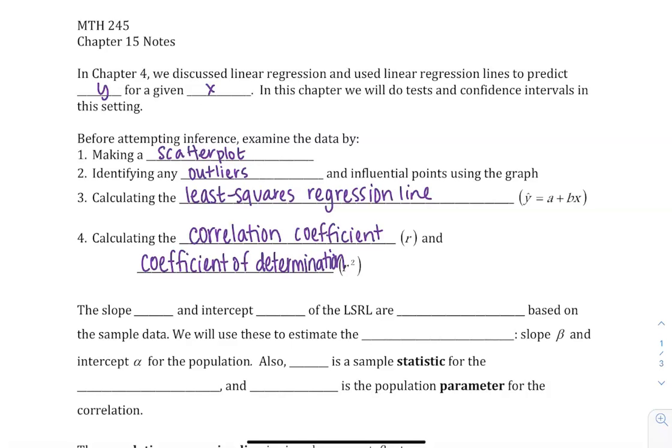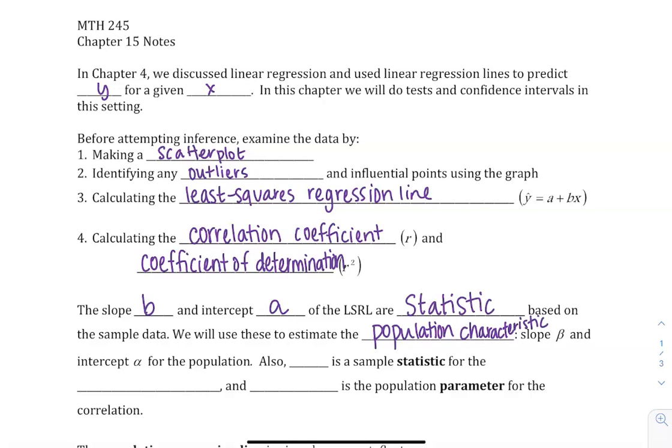Now, the slope and the intercept of that least squares regression line, where our slope was b and the intercept was a, are actually statistics. What makes them statistics is that they are estimated based on sample data. We're going to use these estimates to estimate the parameters of the population, the population characteristics.